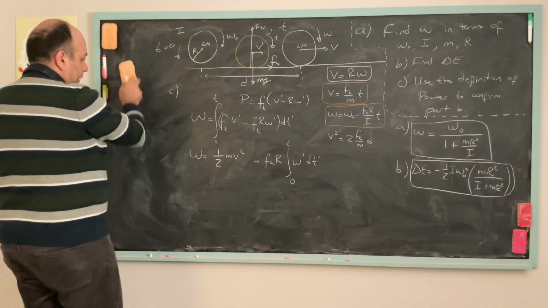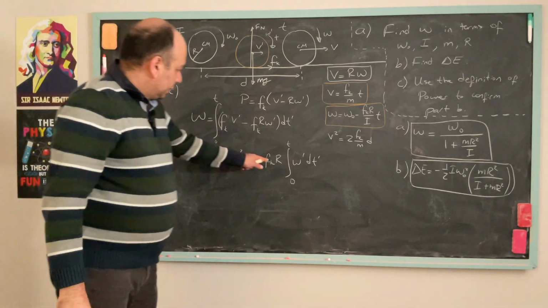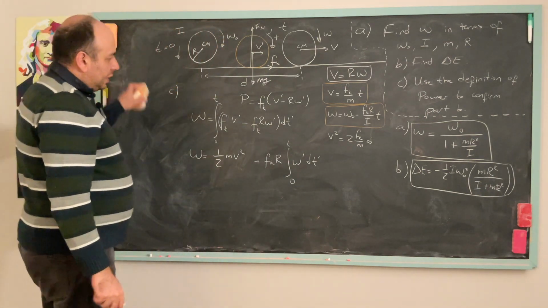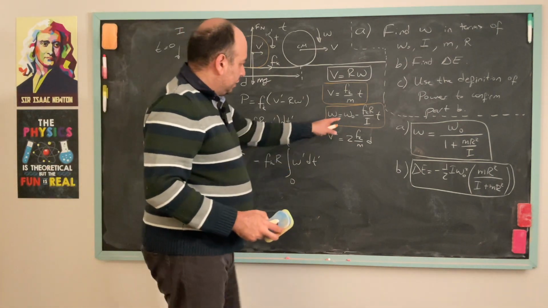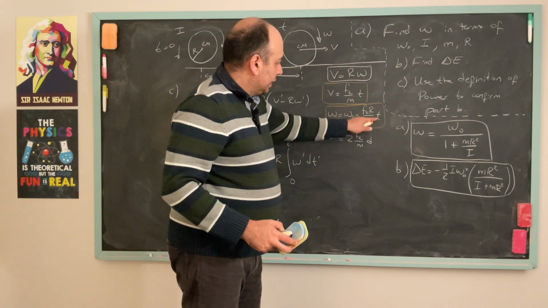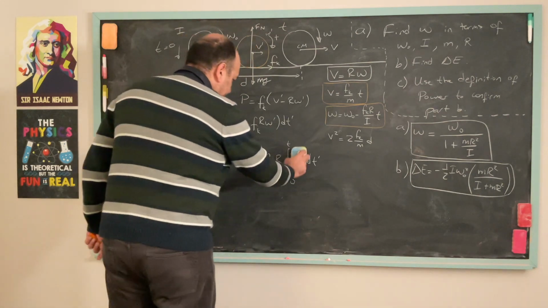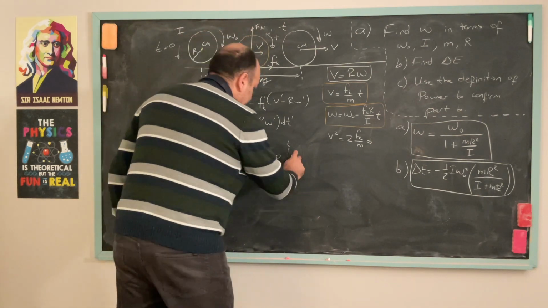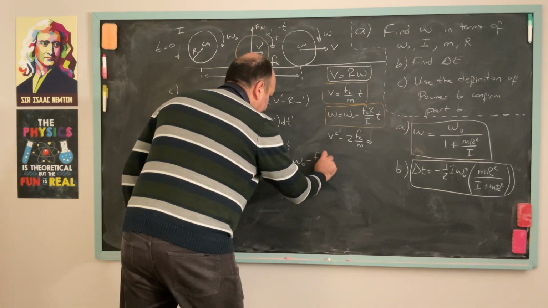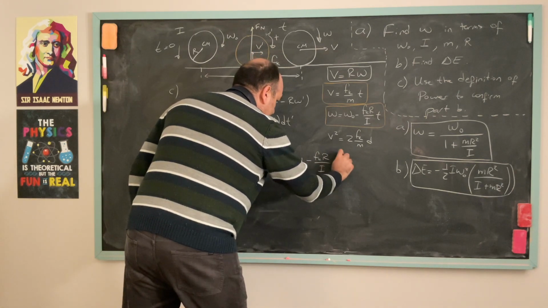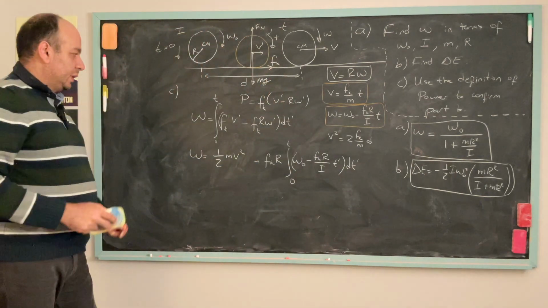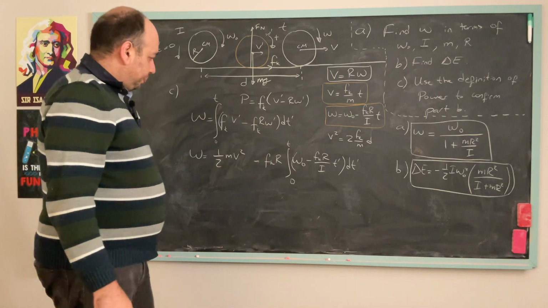Minus F_k R times this integral. Okay, instead of omega prime, now I can write omega naught minus F_k R, the torque, divided by I, times t prime, right? So for any time t, omega naught minus F_k R over I t prime, dt prime. Okay, this is good.